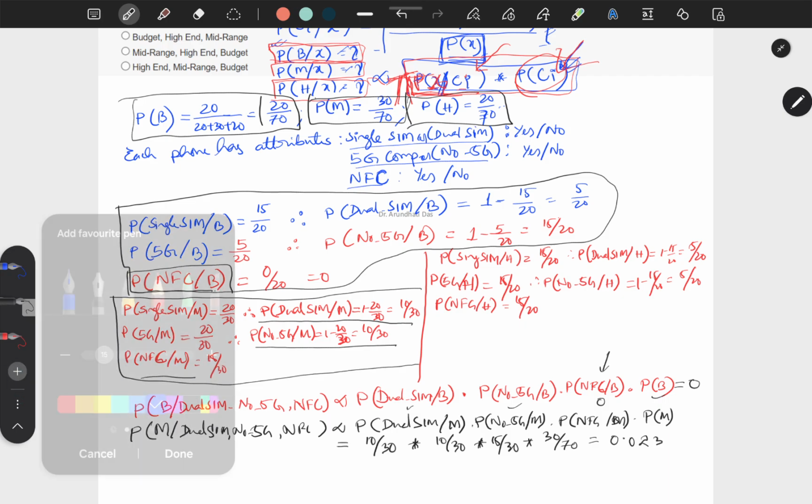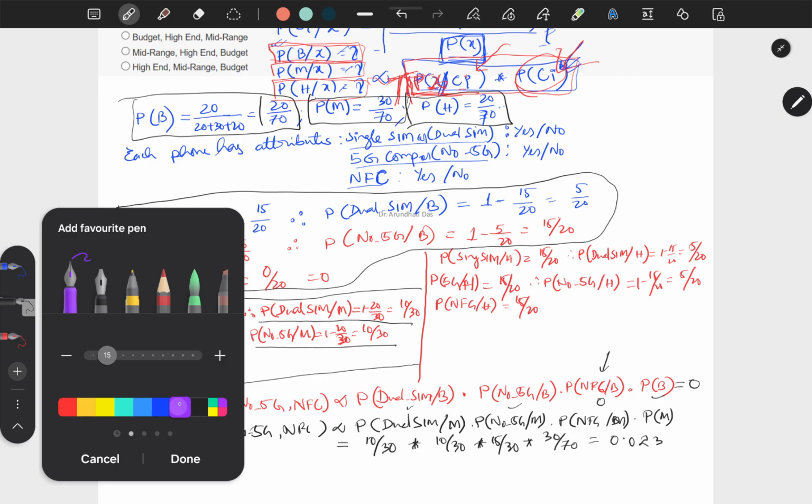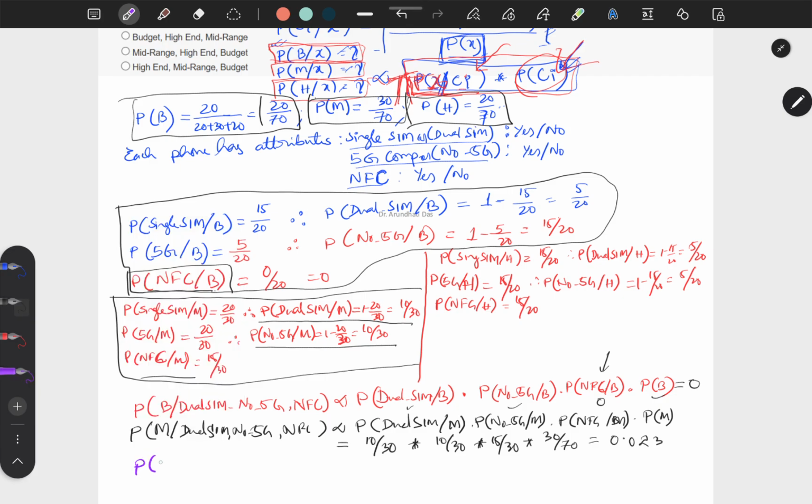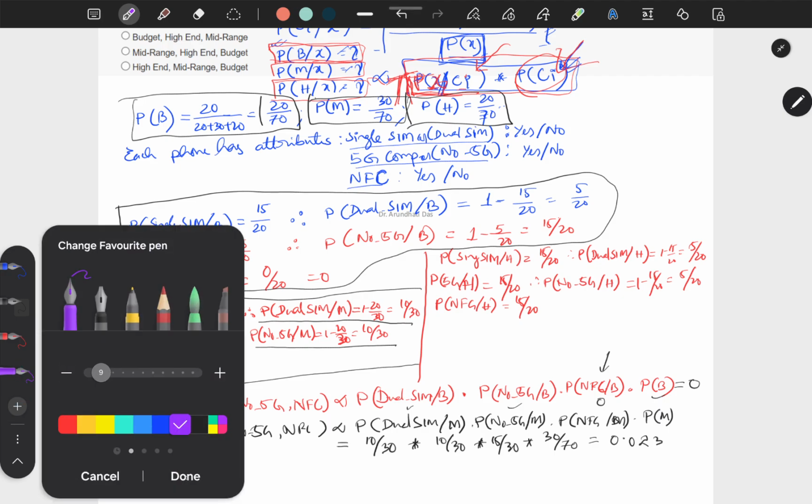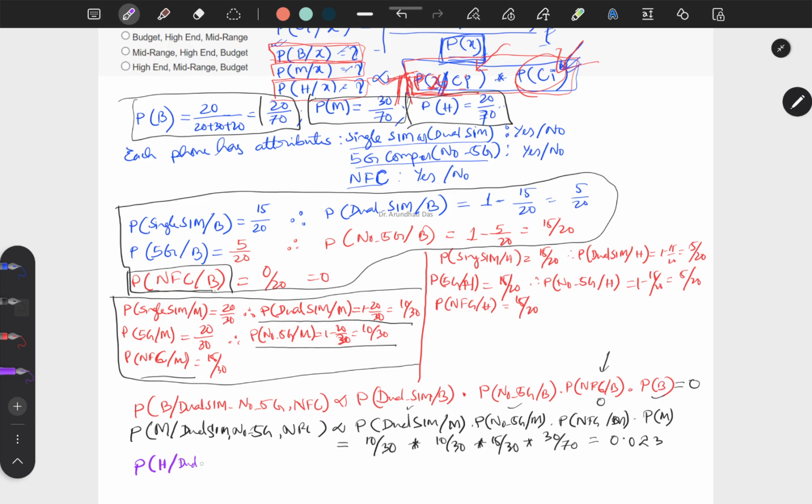Then the last one, the probability of high end given it is dual SIM, no 5G and NFC. This will be equal to the probability of dual SIM given high end, multiplied by the probability of no 5G given high end, multiplied by the probability of NFC given high end, multiplied by the probability of high end.